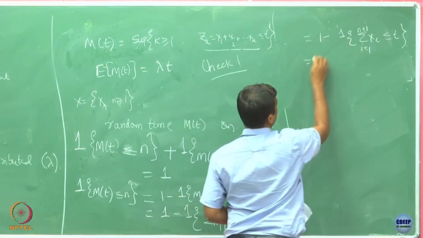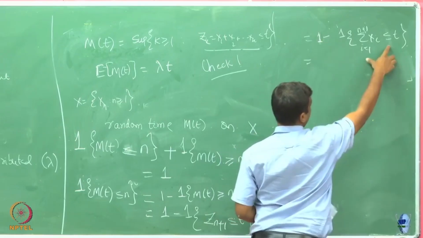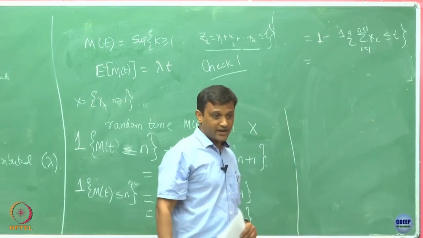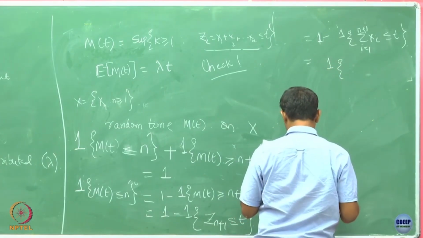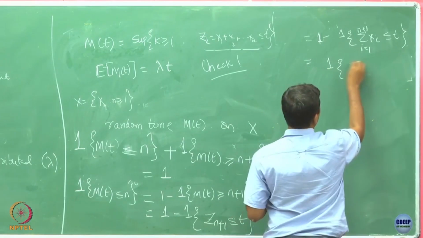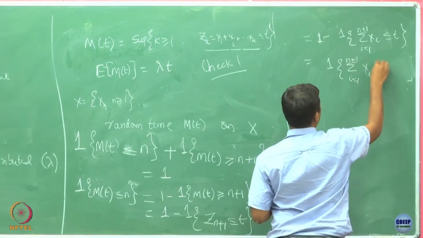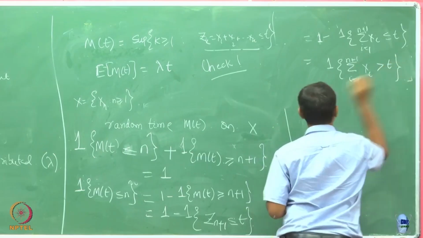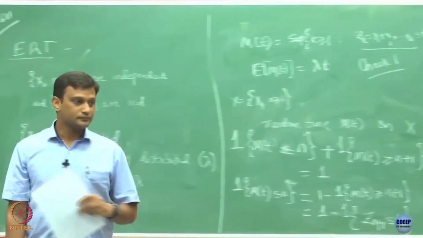Now if I want to look at 1 minus this, that is basically the complement of this event. What is the complement of this event? The summation of i equals 1 to n plus 1 of X i is greater than or equal to t. Is this correct?